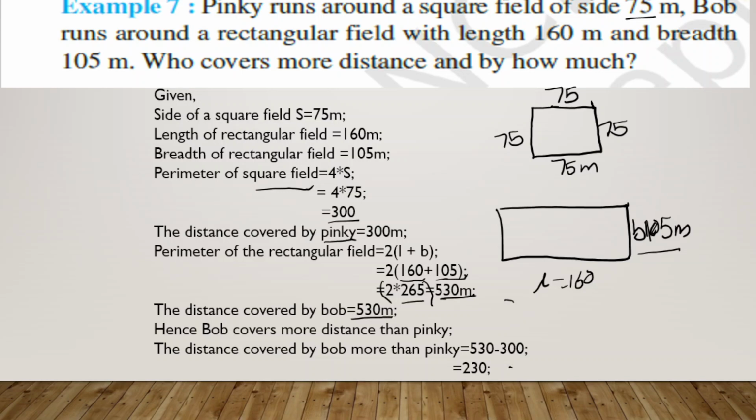You know that 530 is greater than 300, so Bob covers more distance than Pinky. The distance covered by Bob more than Pinky is 530 minus 300, which is 230 meters. So Bob covered 230 meters more than Pinky.